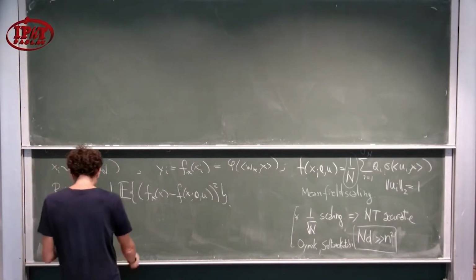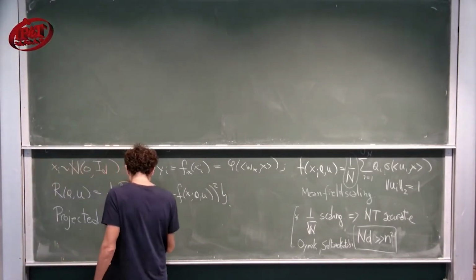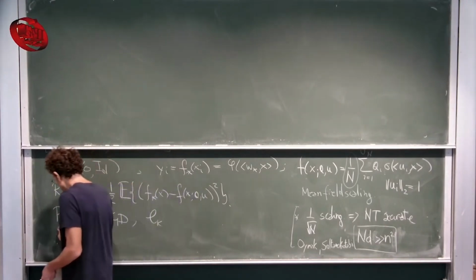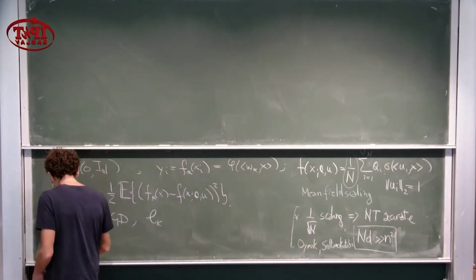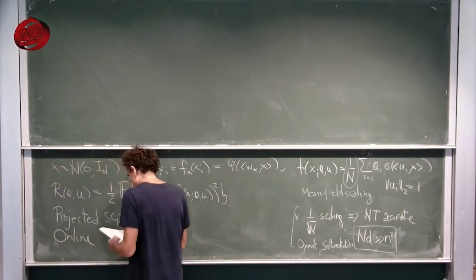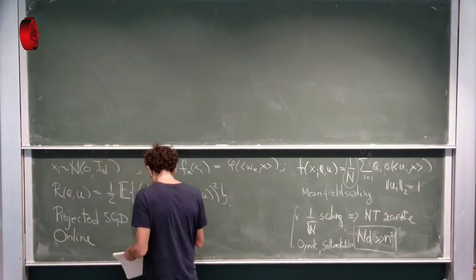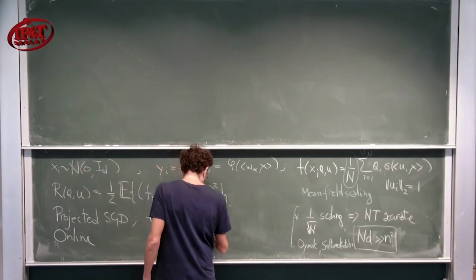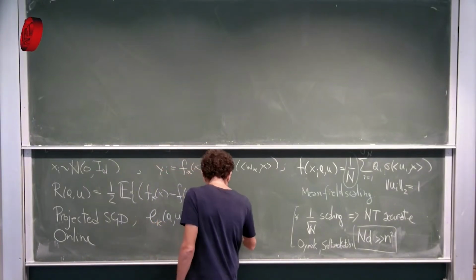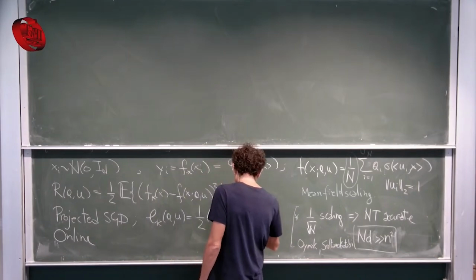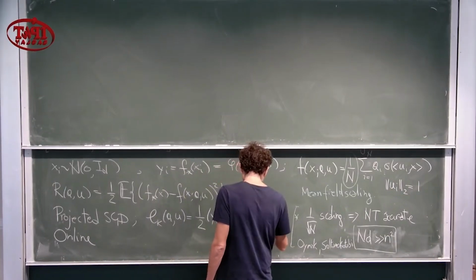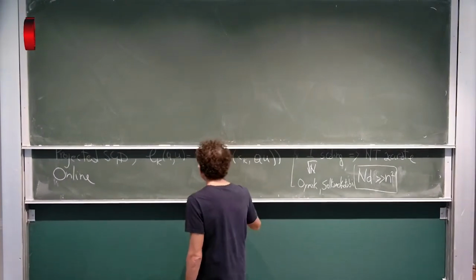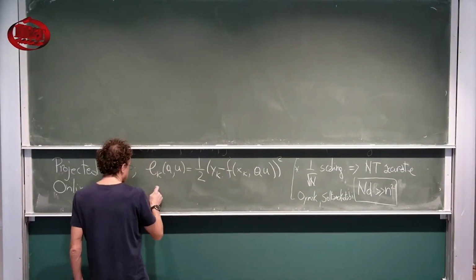Okay, so what does this mean? Let me define the instantaneous loss for sample k, which is the loss that is caused by sample k only.